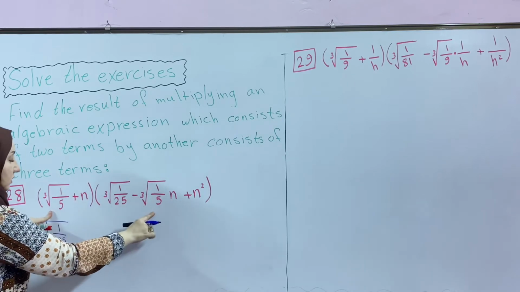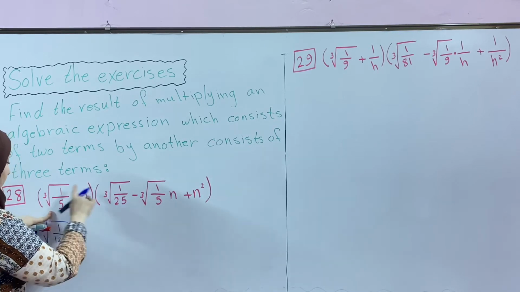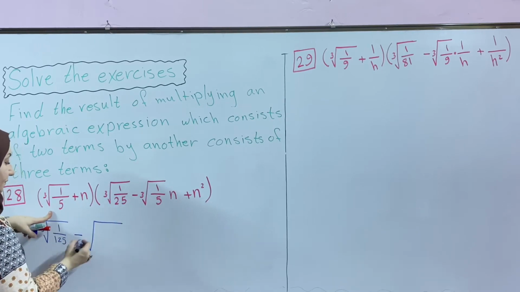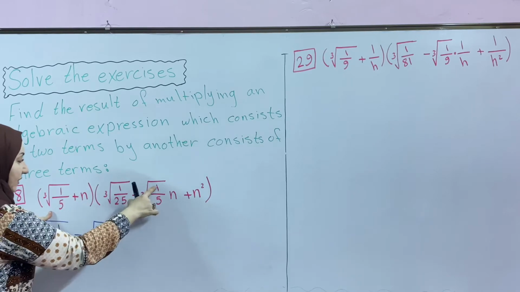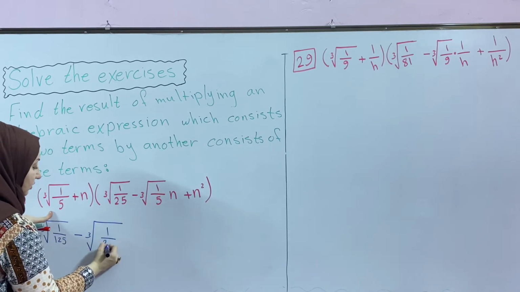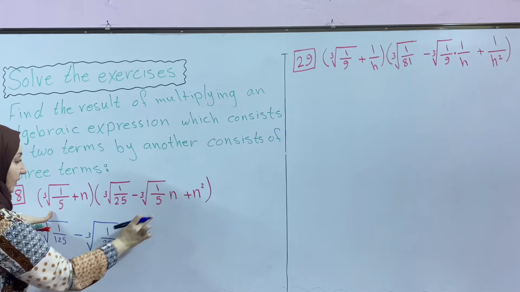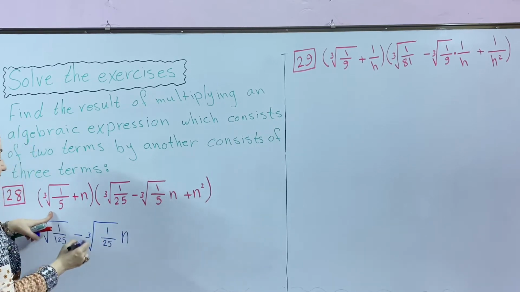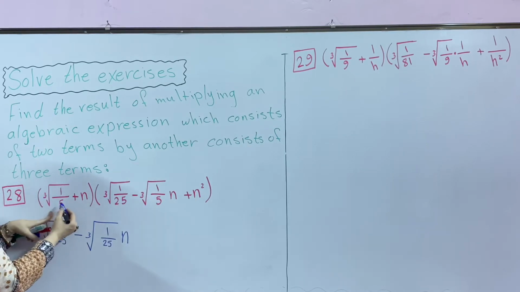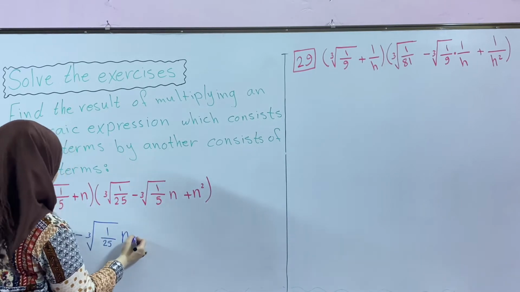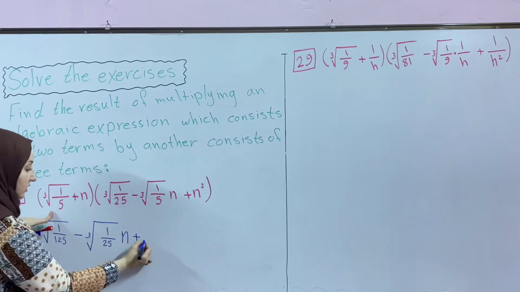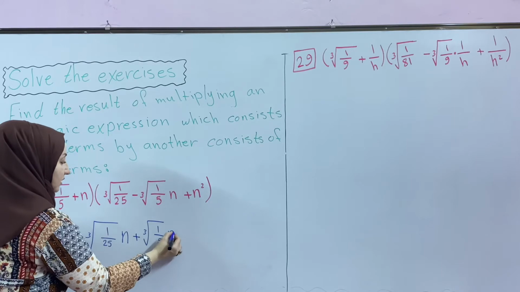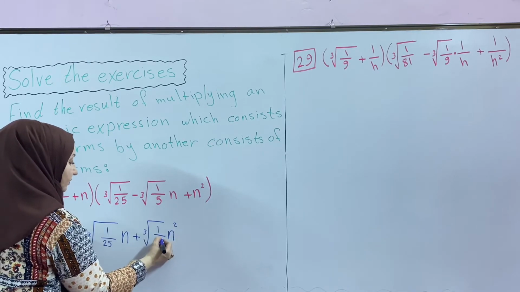Cubic root multiplied by cubic root, positive multiplied by negative, negative, cubic root of 1 on 5 multiplied by 1 on 5, 1 on 25 n. We don't forget the variable. And now cubic root of 1 on 5 multiplied by n squared, positive multiplied by positive, positive, the cubic root of 1 on 5 n squared.